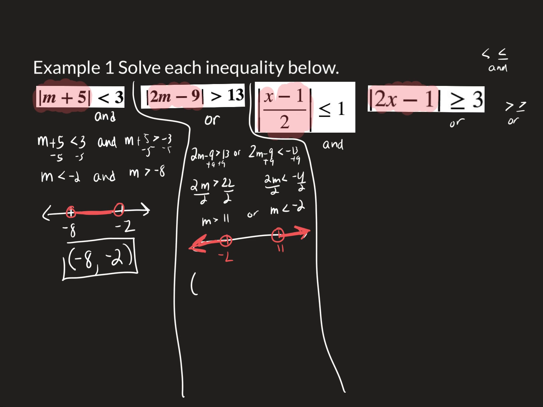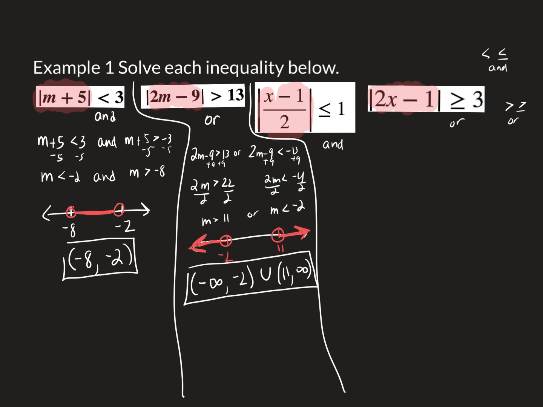It starts being shaded red, that number line, at negative infinity. It stops at negative 2, parenthesis, union, that starts being shaded red at 11 and stops at positive infinity. And that would be my answer to the second example underneath example 1.